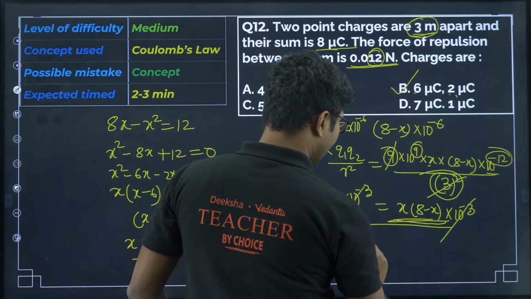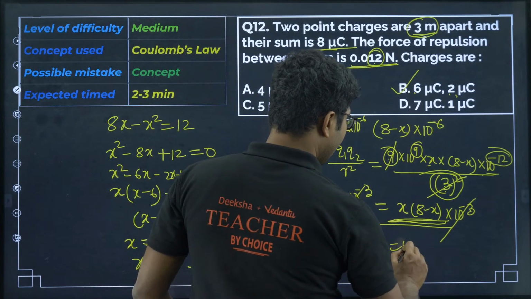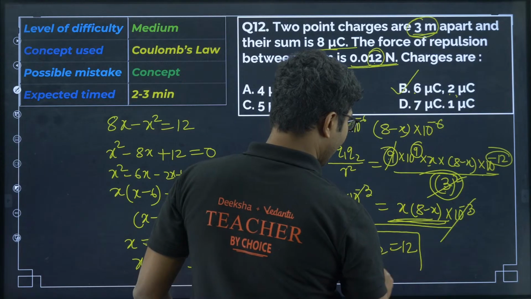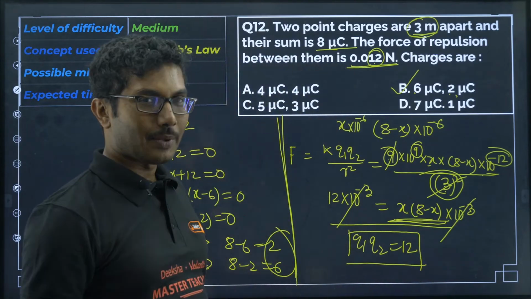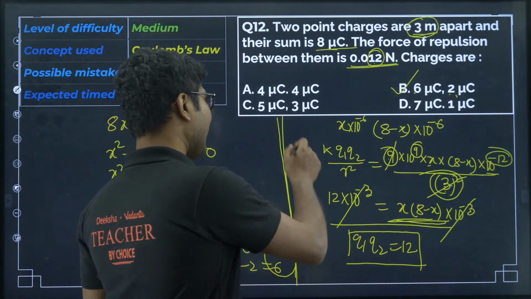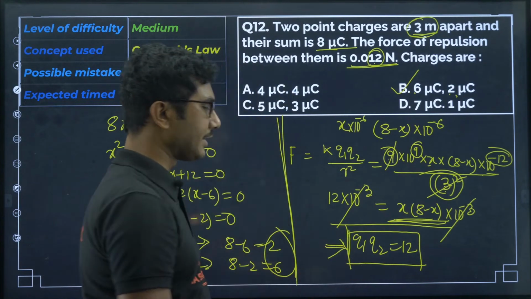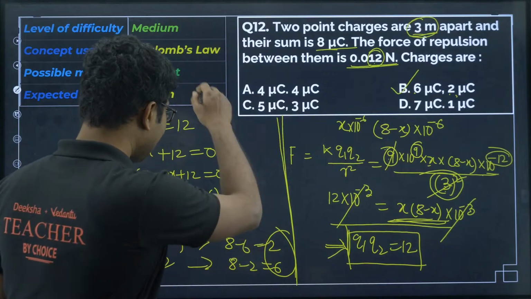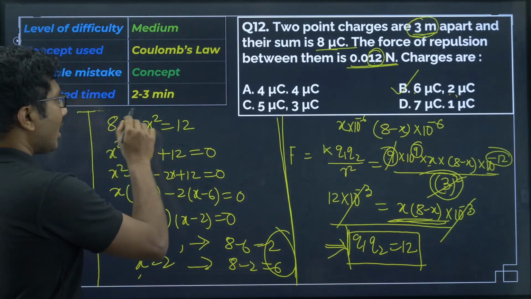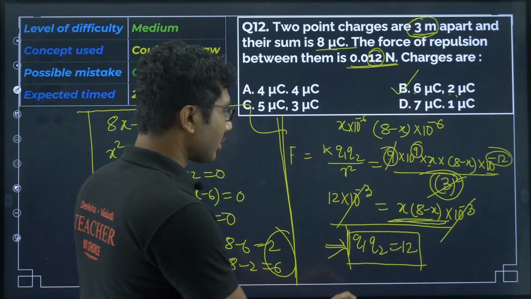So q1 q2 equals 12. Basically we have to find two charges which, if you multiply them, we should get 12. So this is a way after this stage, but you have to solve at least up to this stage. Without solving this, this is the proper way, the longer way obviously, and this is the shorter way.